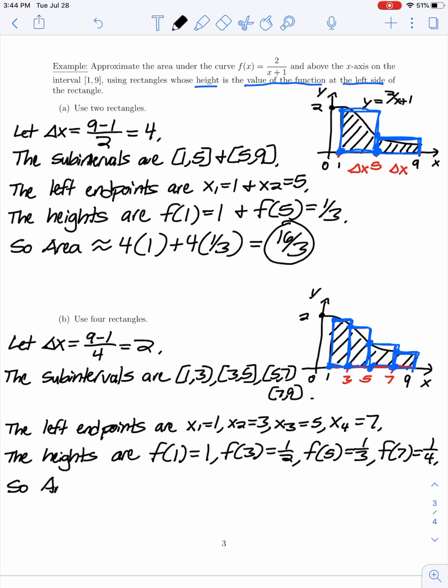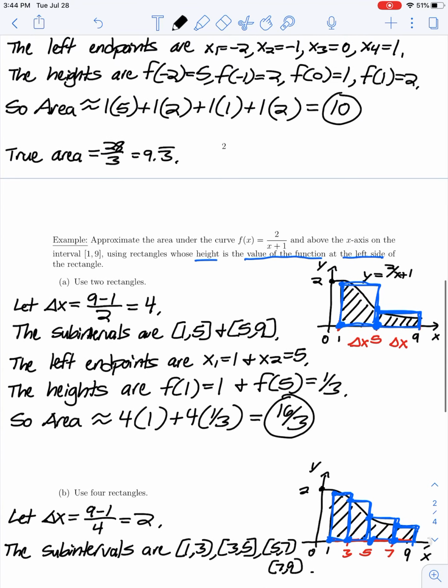So the area of this shaded region is approximately the sum of the areas of these 4 rectangles. Now, each one has a base of width 2. The height of the first one was 1.